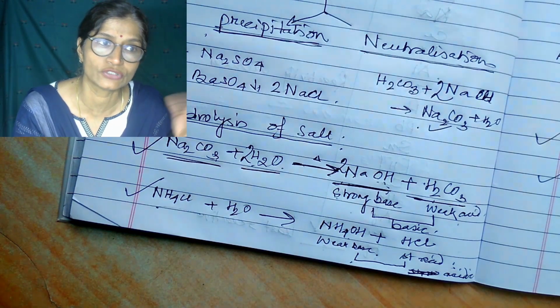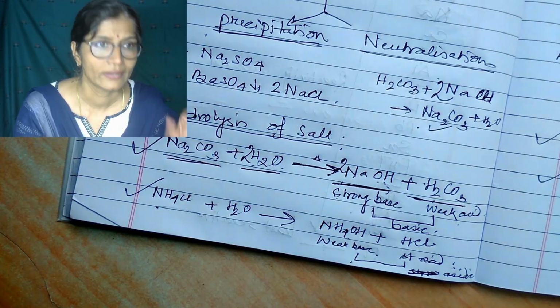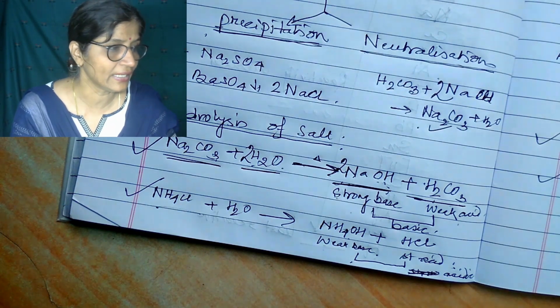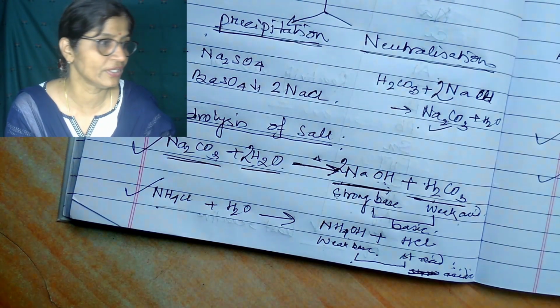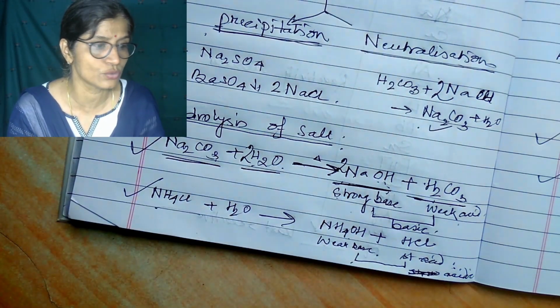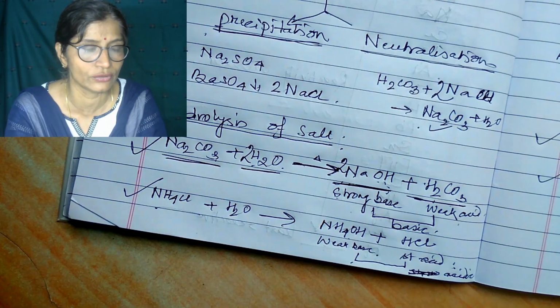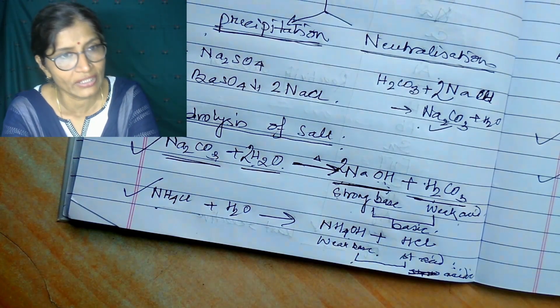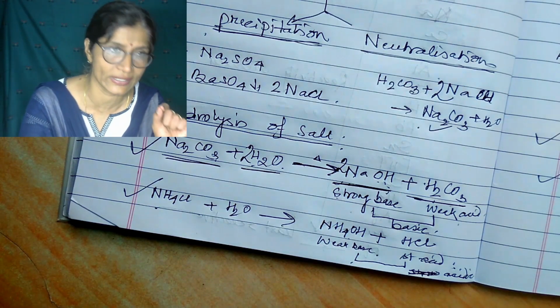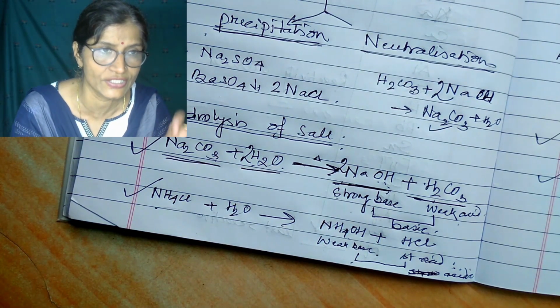But a salt which is formed by the neutralization of a strong acid and strong base, in that case, a strong acid or a strong base ionizes to a large extent in the aqueous solution, and a salt which is formed by a weak acid and weak base ionizes to a small extent, means their degree of ionization is less.